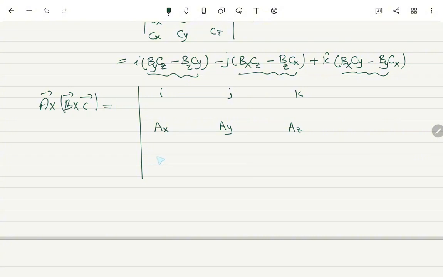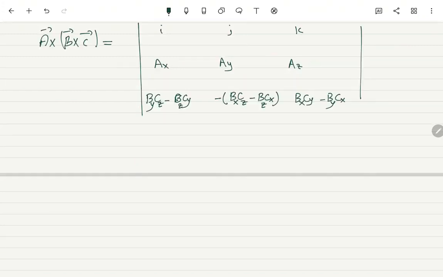So it will be BY CZ minus BZ CY, minus BX CZ minus BZ CX, and the last one, which is the Z, BX CY minus BY CX.